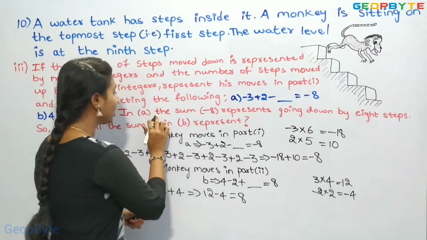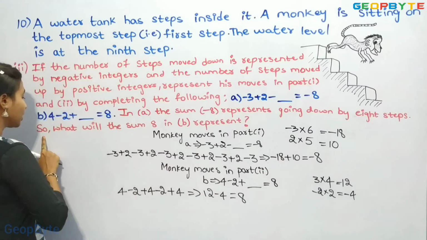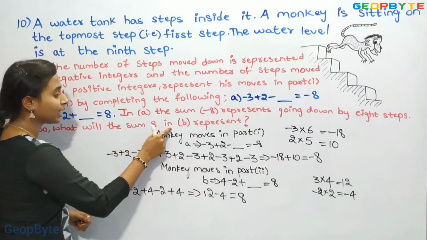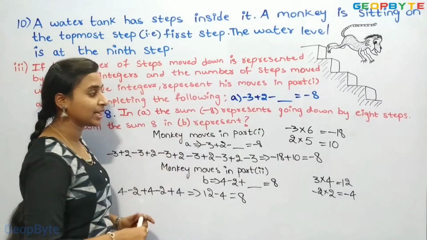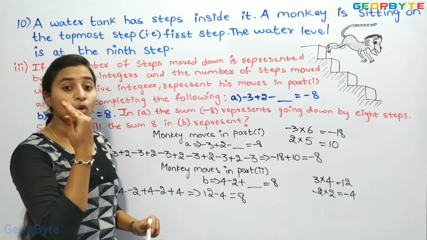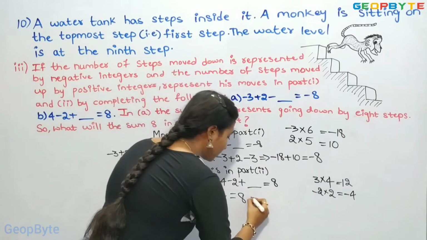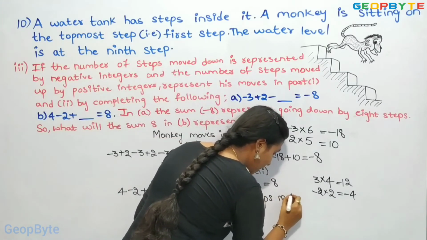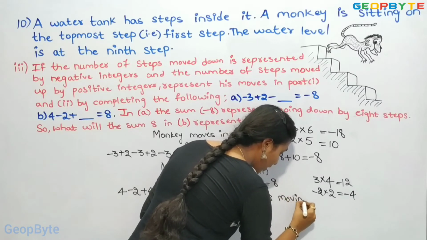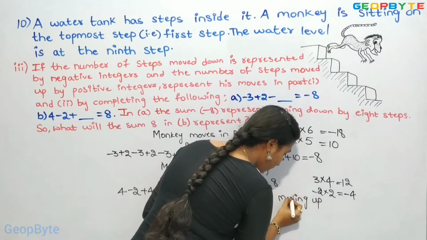The solution for this second bit. So, what will the sum 8 in B represent? The sum 8 in B represents 8 steps moving up.